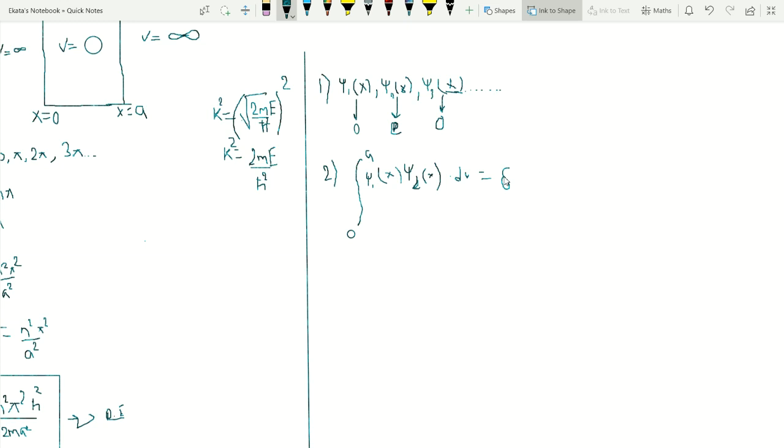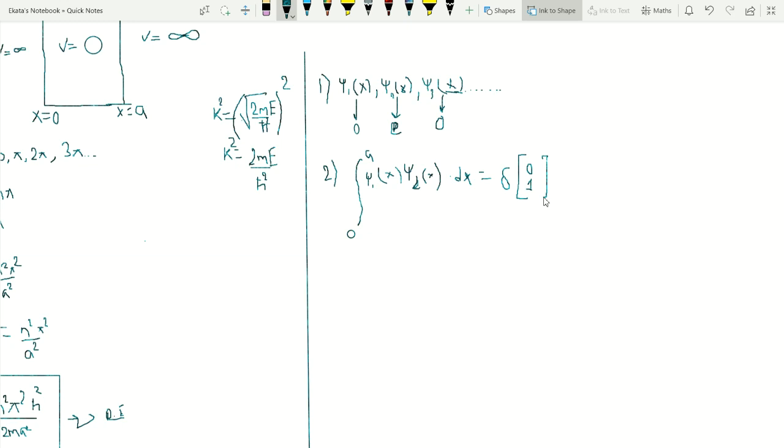It means if there is one solution psi 1, second solution psi 2, third solution psi 3, fourth solution psi 4, they are orthonormal, and if we integrate from 0 to a with respect to dx, it will give us the value known as the Kronecker delta. The value of the Kronecker delta depends upon these quantities, that it can have value 0 and 1 respectively, depending upon their subscripts.